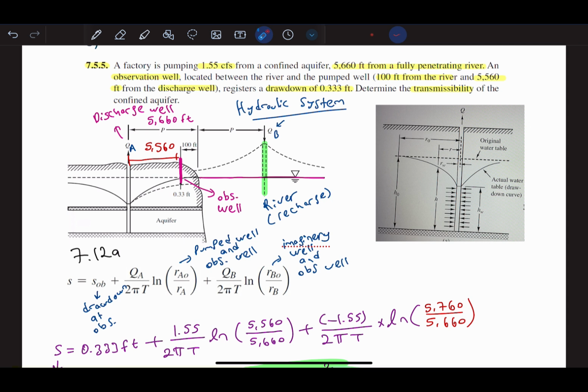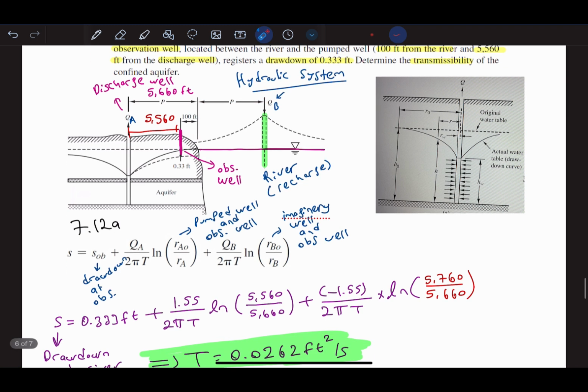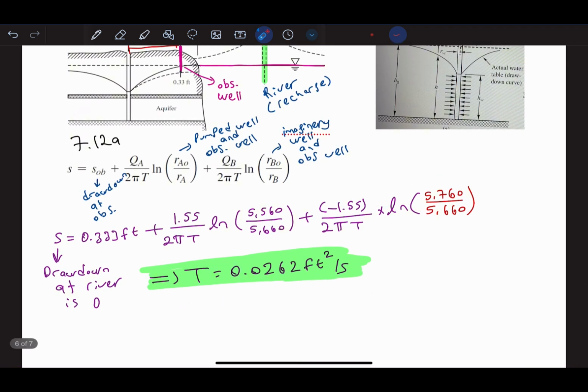So instead of the river, we are creating an imaginary well at the opposite side of the actual discharge well with the same values, but since it is opposite, it will have minus the flow rate of this discharge well, and the distance will be the same from the point of interest. And once you are done with this imaginary well location, you can just calculate this equation and we can get the transmissibility because it was the only unknown.